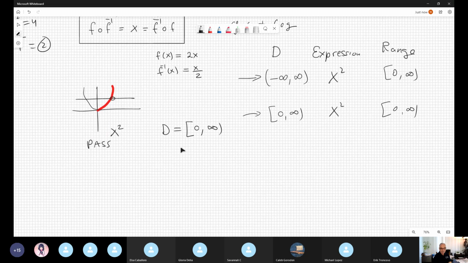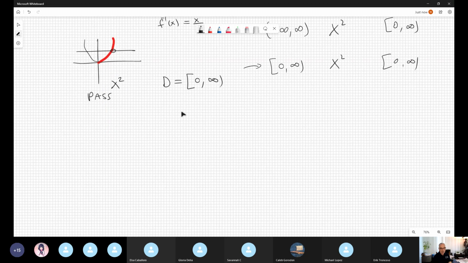Okay, so now some problem. I say: determine the inverse function of the function f of x equals x squared. Then you write a semicolon, x greater than or equal to 0.